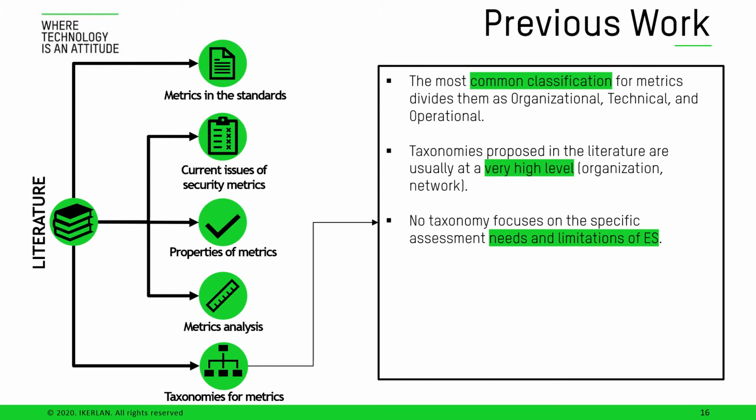We realized that taxonomies proposed in the literature, the ones that we found, are designed at a very high level, usually at an organization or network level. So they cannot be applied to classify metrics that assess the security level of an embedded system.